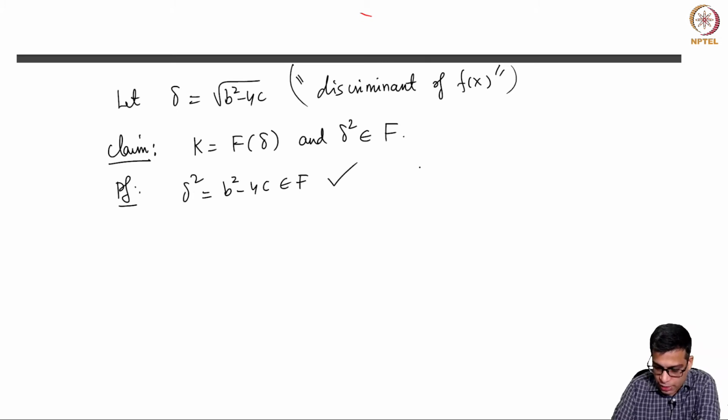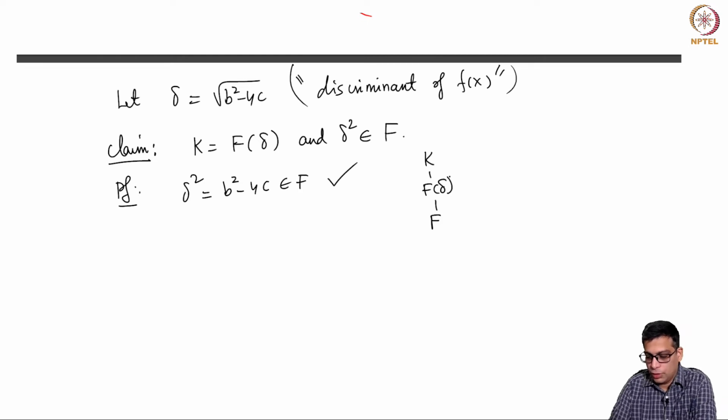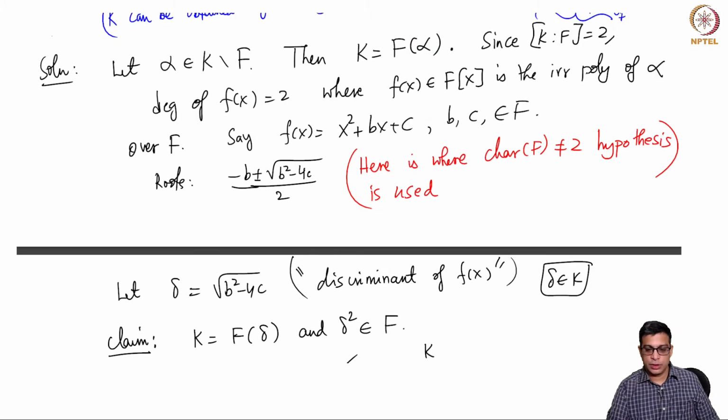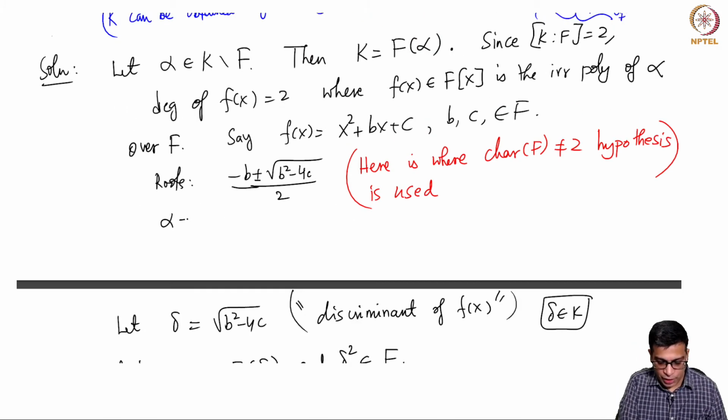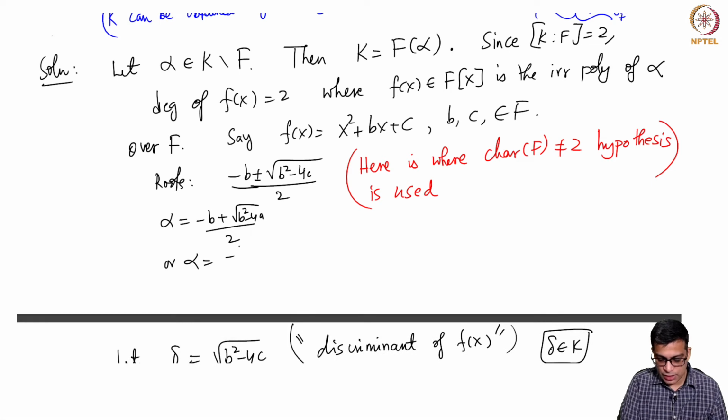This is also clear, because K is here, F(delta) is of course here, because delta is in K. Of course delta is in K because the roots are in K. So alpha is minus b plus square root of b square minus 4c, divided by 2, or alpha is minus b minus square root of b square minus 4c, divided by 2.